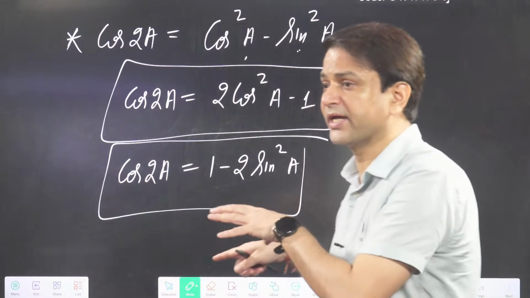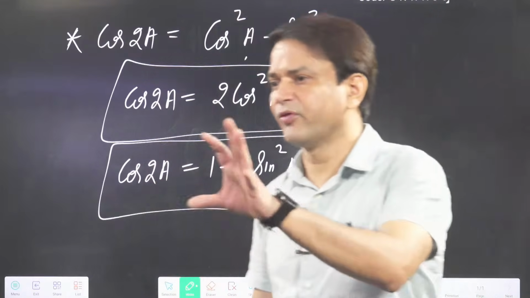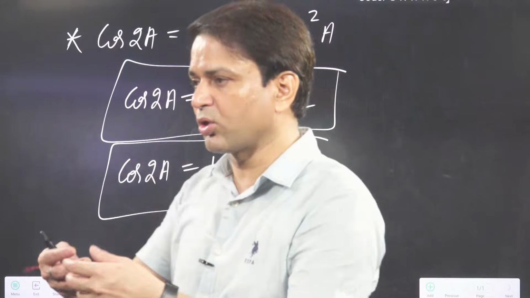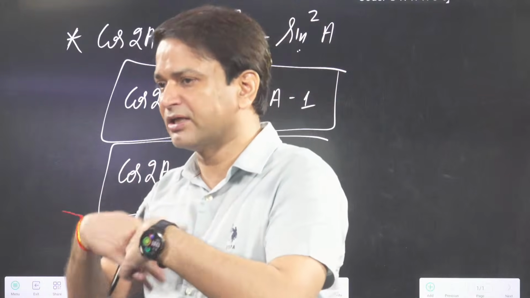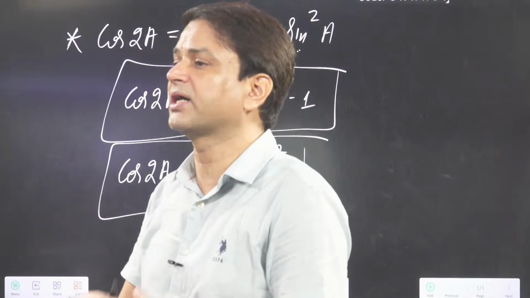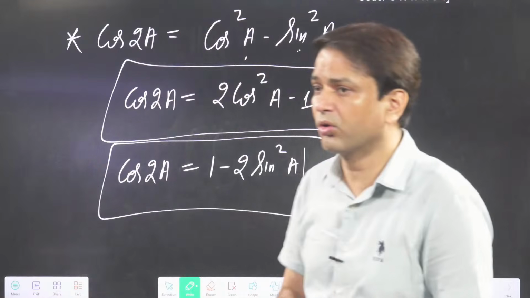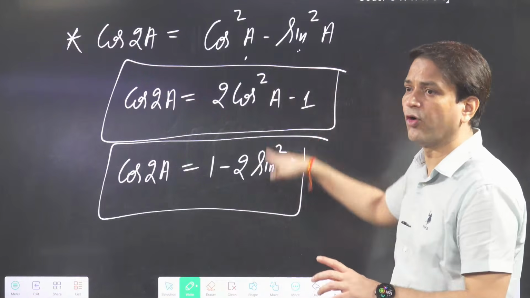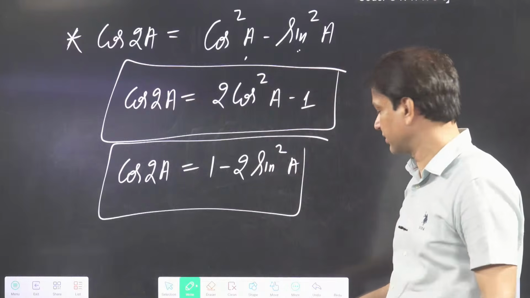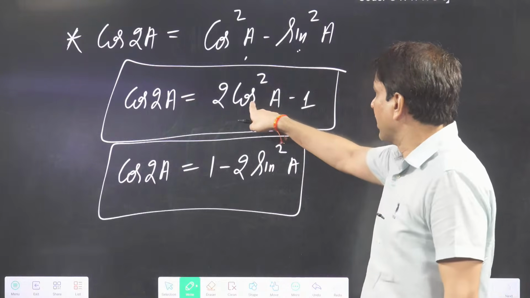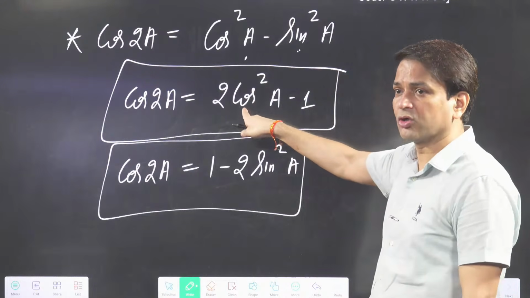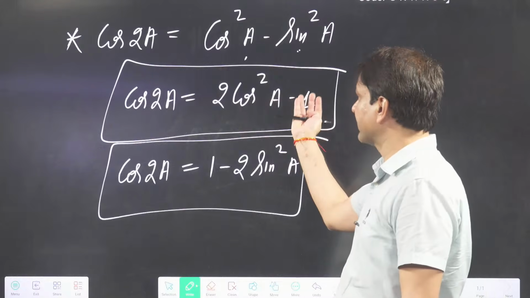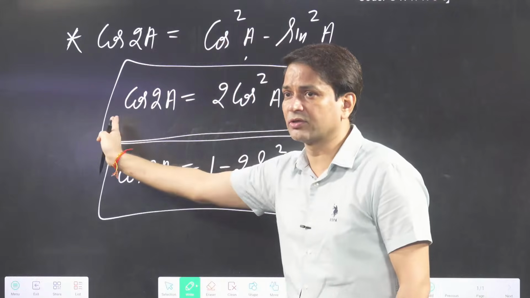Are you getting what I'm saying? If in SHM, waves or alternating current, cos square theta or sin square theta, or cos square omega t and sin square omega t is given, then we will use these two formulas to remove the square. How? If I want cos square A, I shift this minus to the other side and divide by 2.